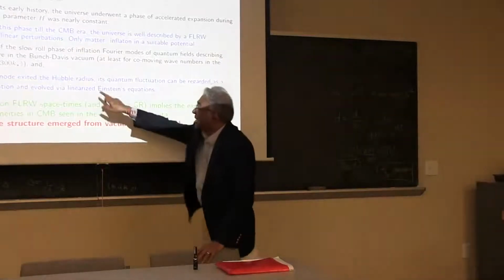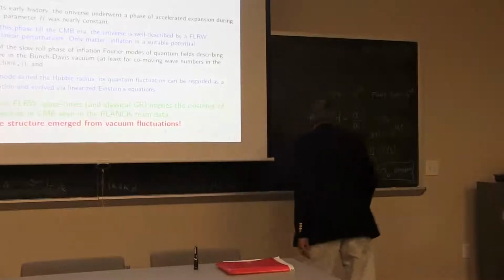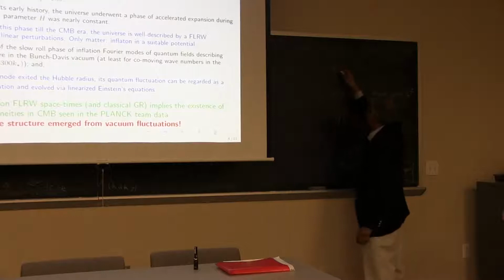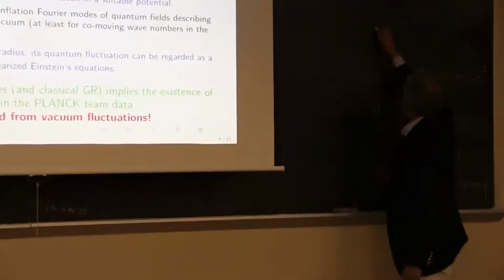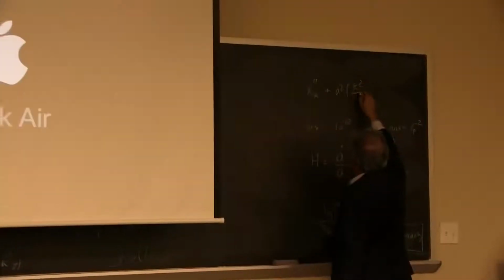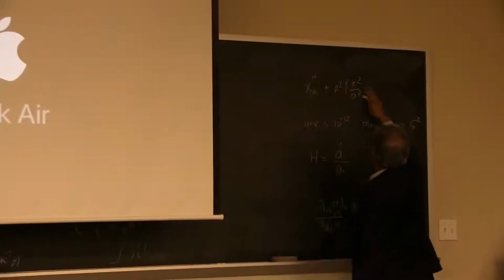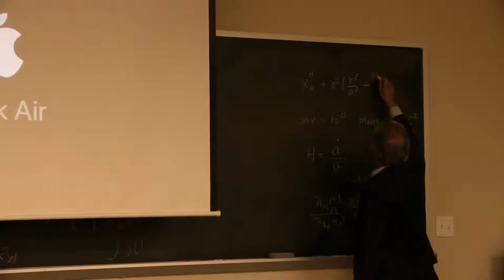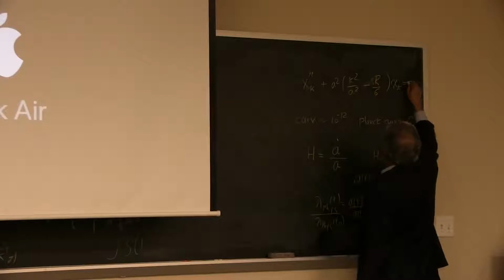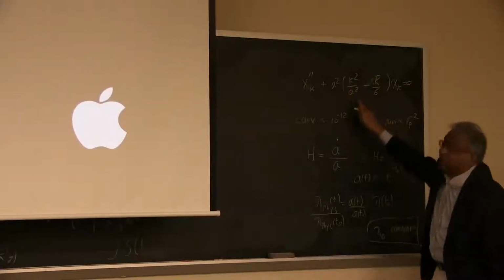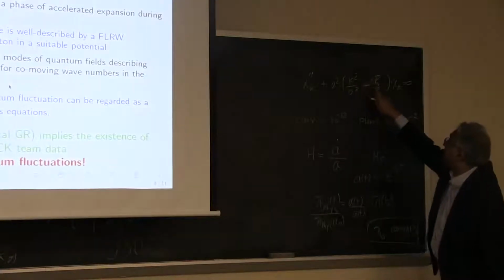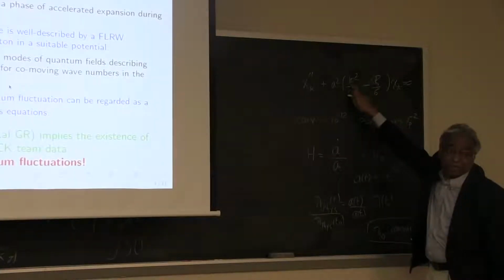On the other hand, we saw last time that we got the wave equation satisfied by this chi, the perturbation that we wrote down: chi k double prime plus k squared plus a squared times the scalar curvature upon 6 operating on chi k. And we saw that there is a big difference whether we are going to talk about wave numbers which are much larger than this or wave numbers which are less than this.